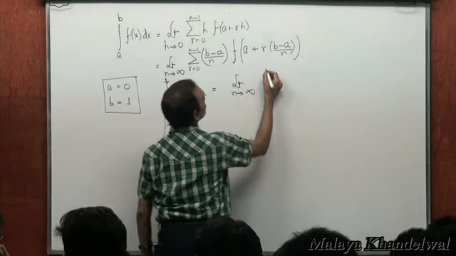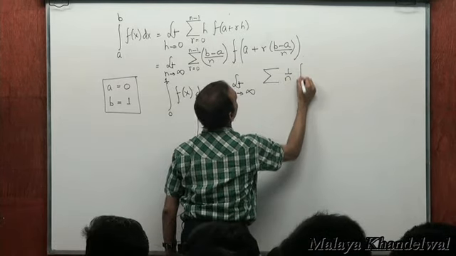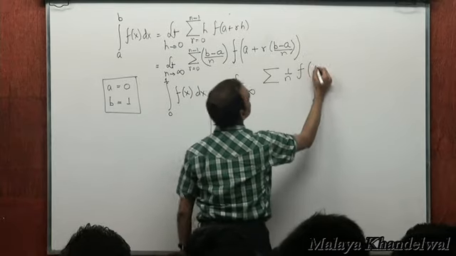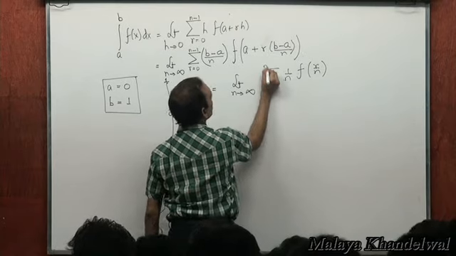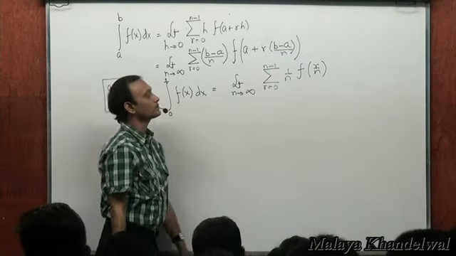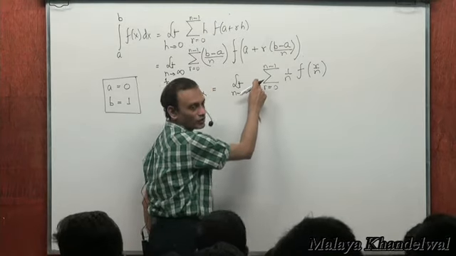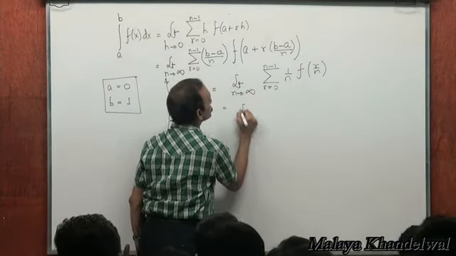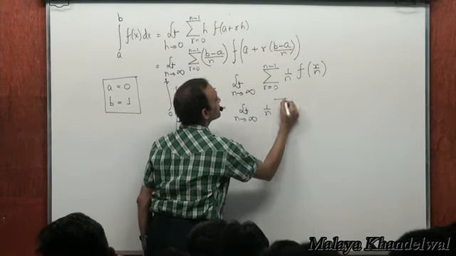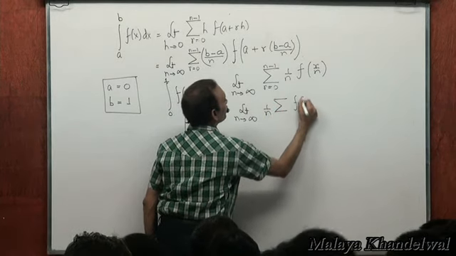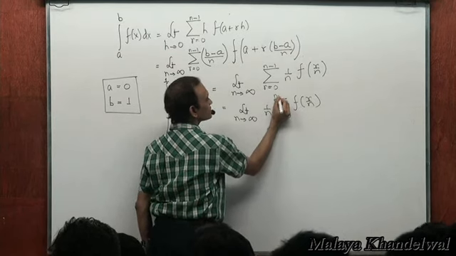Limit n tending to infinity, summation 1 by n f of r by n, r equal to 0 to n minus 1. This 1 by n, of course, is independent of r, so it could be taken out of the summation sign if you so desire. This could be looked upon as limit n tending to infinity 1 by n summation f of r by n, r equal to 0 to n minus 1.